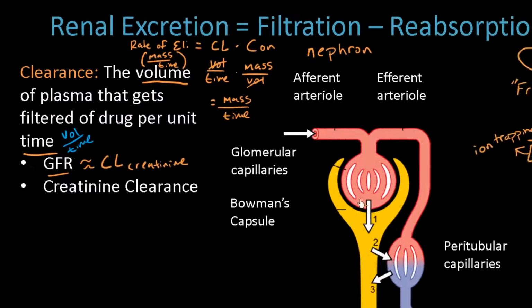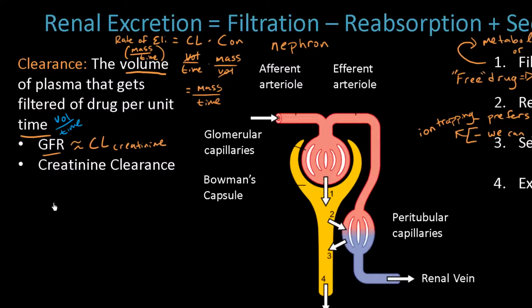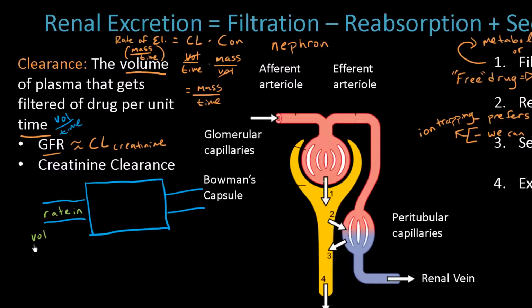So let's relate that to this nephron. So here I'm just going to draw a little picture, and we're just going to assume that this represents the kidney. So here we have a certain rate of drug entering the kidney, and so that is going to be a volume over time, a certain volume of plasma, and there's a certain concentration of drug in that plasma.